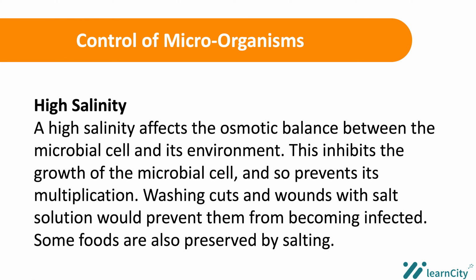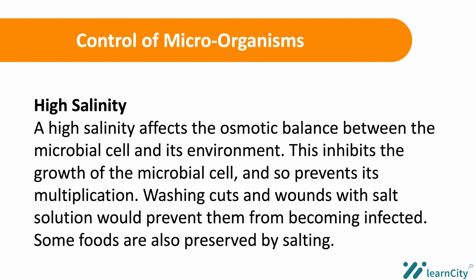Another method in our control of microorganisms is high salinity. High salinity affects the osmotic balance between the microbial cell and its environment. So if the salinity of an environment is too high, it can affect the osmotic balance between the cell of the microorganism and its environment. When this happens, it inhibits the growth of the microbial cell and prevents multiplication.